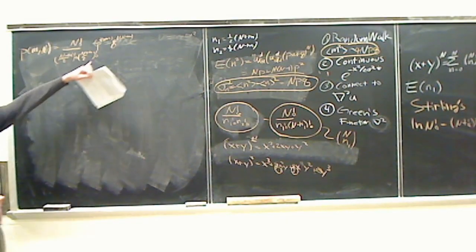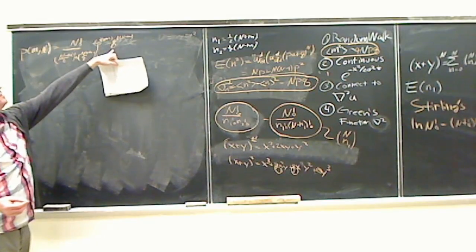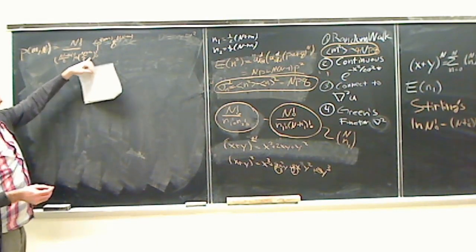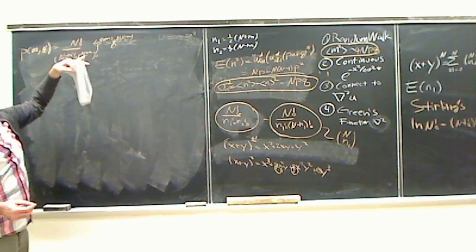So this is, again, the probability of moving to the left, the probability of moving to the right, counting all the ways that you can do those steps in whichever order.